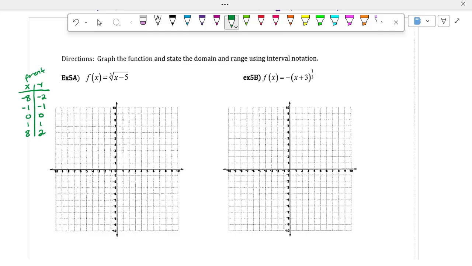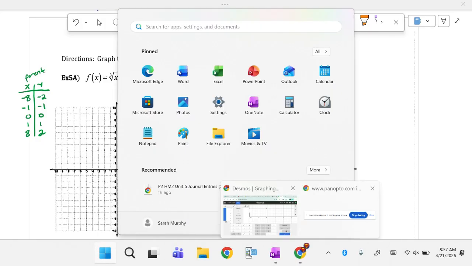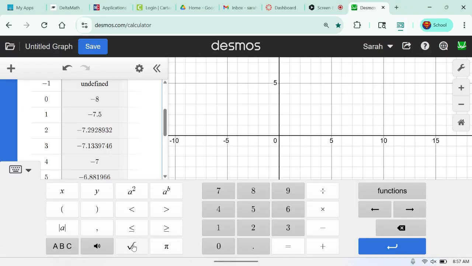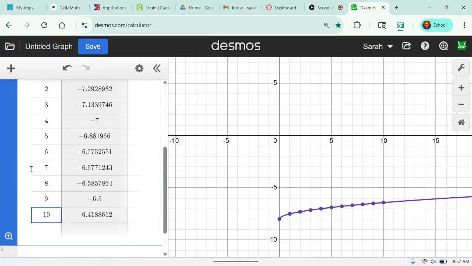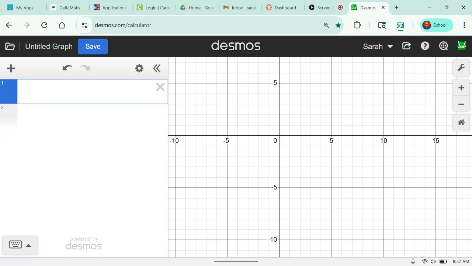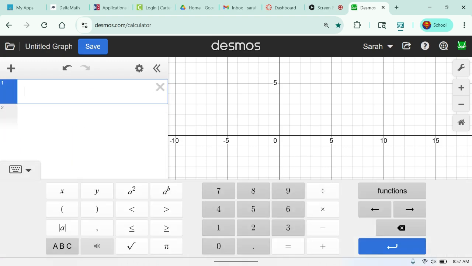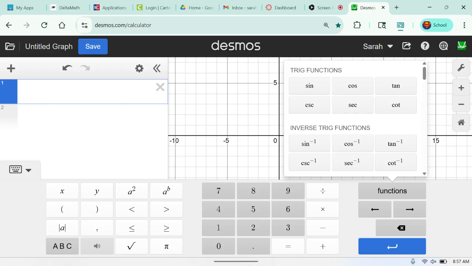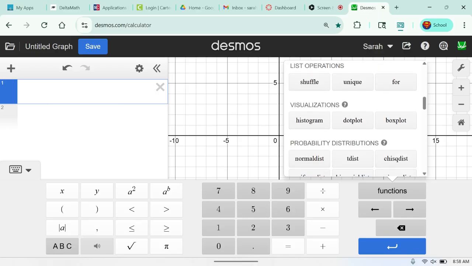All right. So I'm going to graph this in Desmos. Now you need to watch me because you can't just click this key and do a cube root. It doesn't work like that. So to graph a cube root in Desmos, you got to hit functions and scroll down.